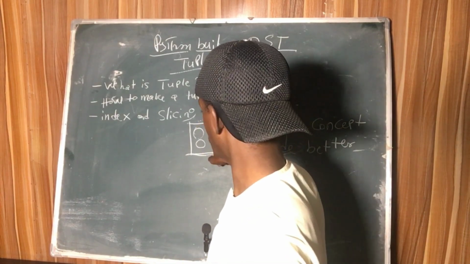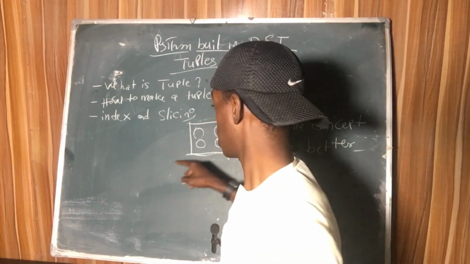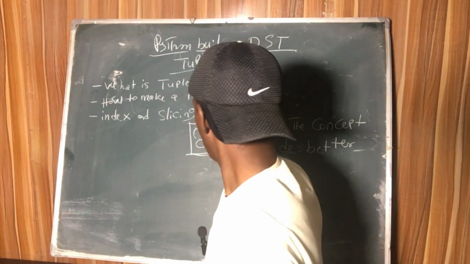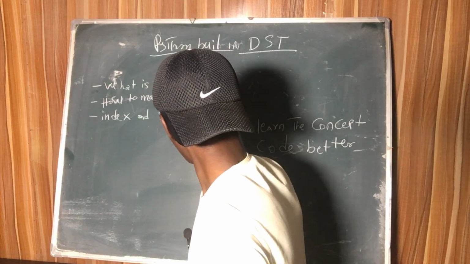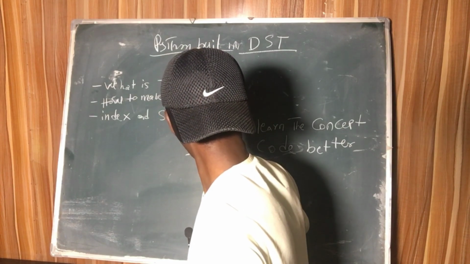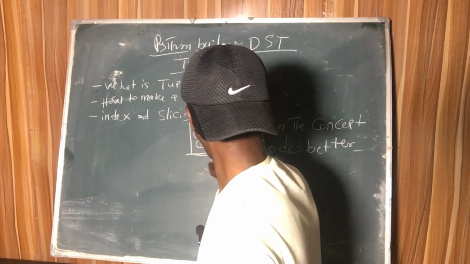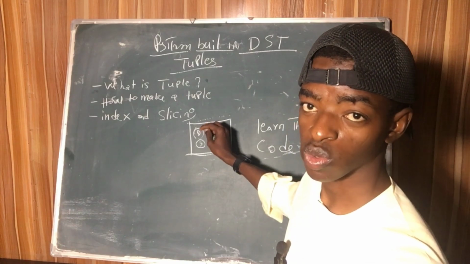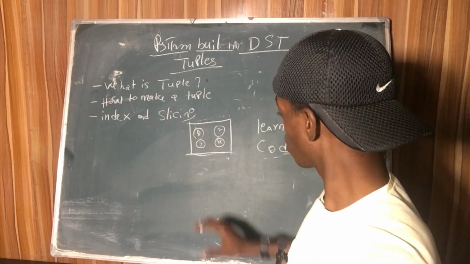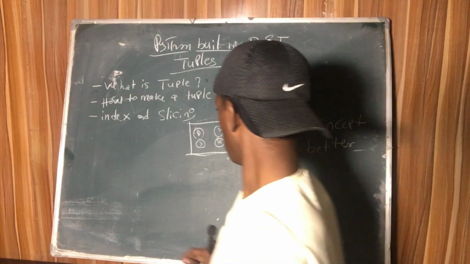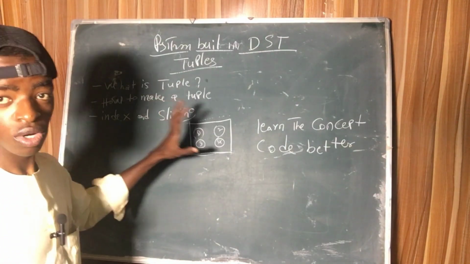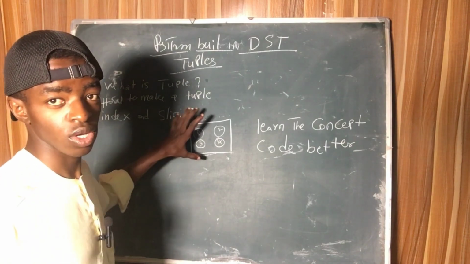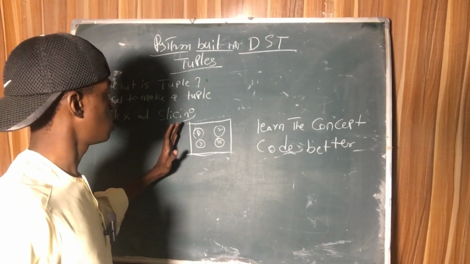But keep this in mind: whatever I put in, you cannot change it. When you put it, you can't change it. This is how you're going to see it inside a tuple. So we understand what a tuple is: it's just another way of storing data, but you cannot change what you store inside the data structure.